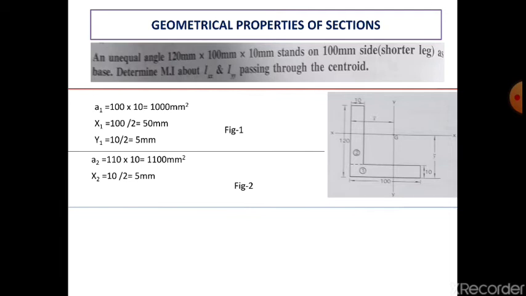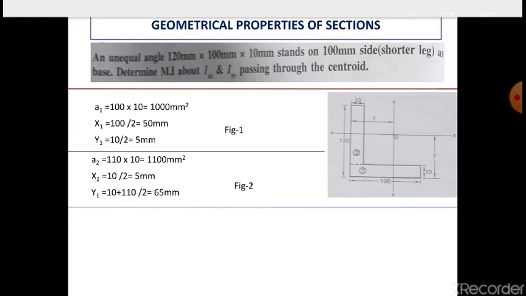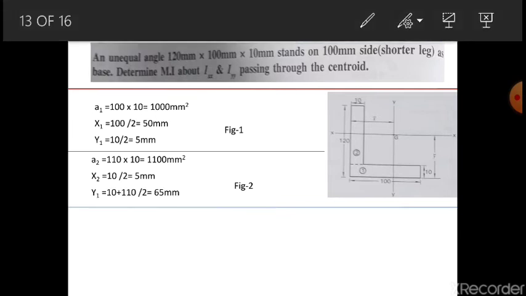It is 120 plus 10, but it is not actually 120, it is 110. So 110 by 2, okay, plus 10. You can see here 110 by 2 plus 10, that is 65. Now I have calculated the required values for the calculation of center of gravity.